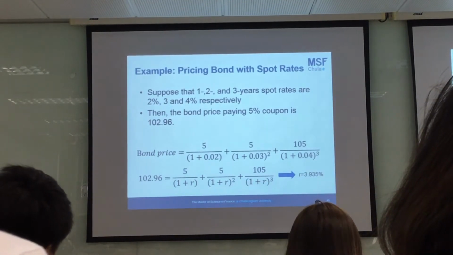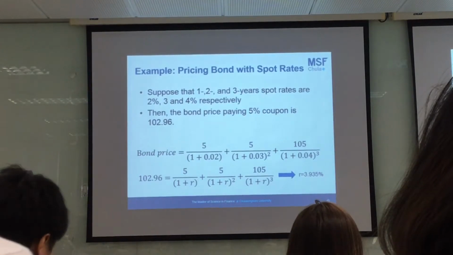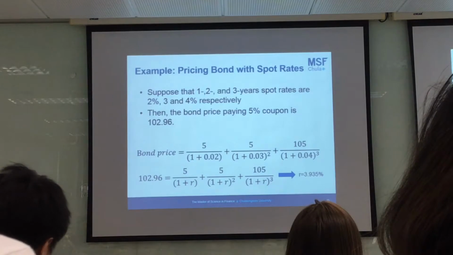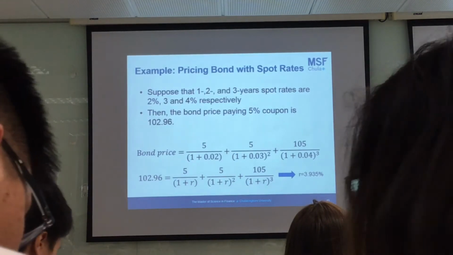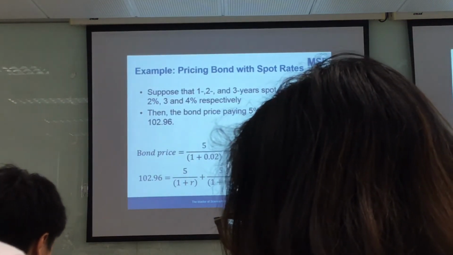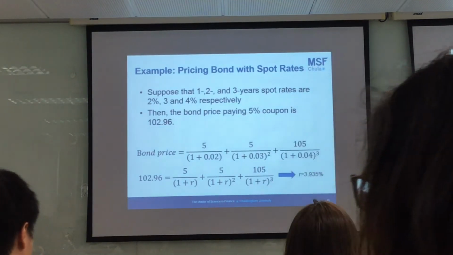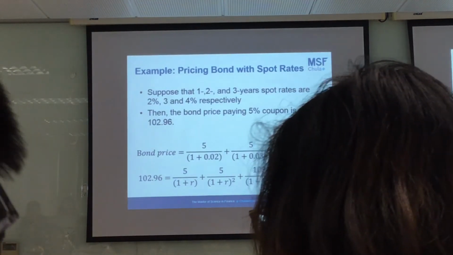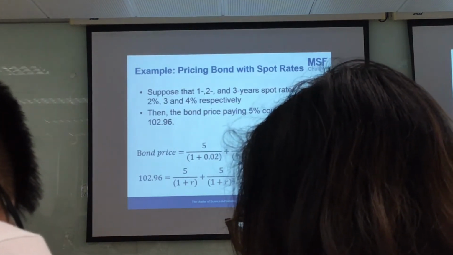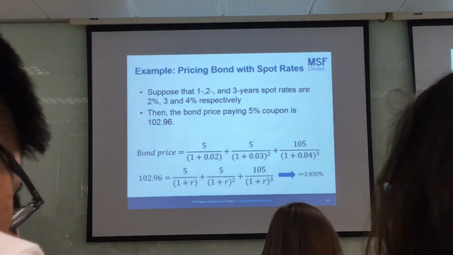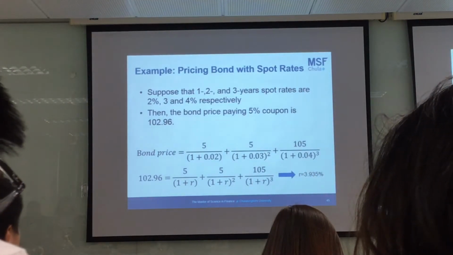So what we have done before, basically, is use the average yield or average return, which we apply to all cash flows at different maturities. However, ideally this one is more appropriate because we consider the risk at the time of the cash flow.